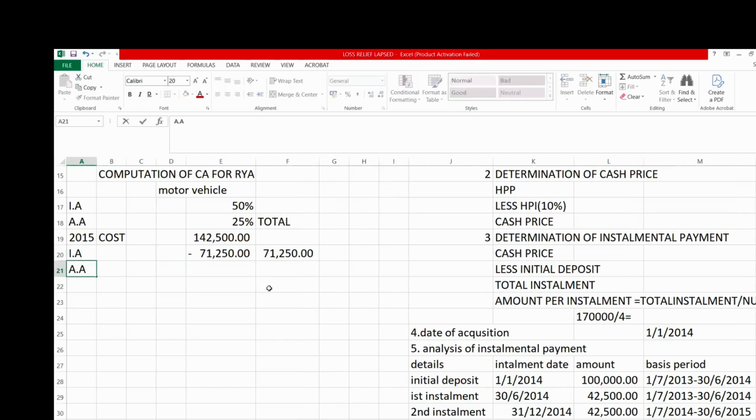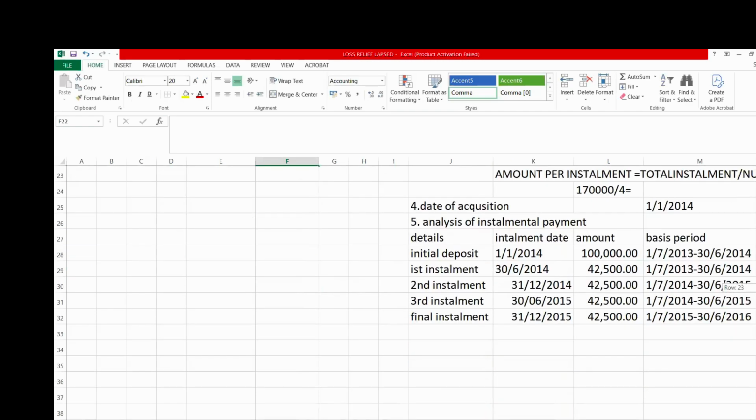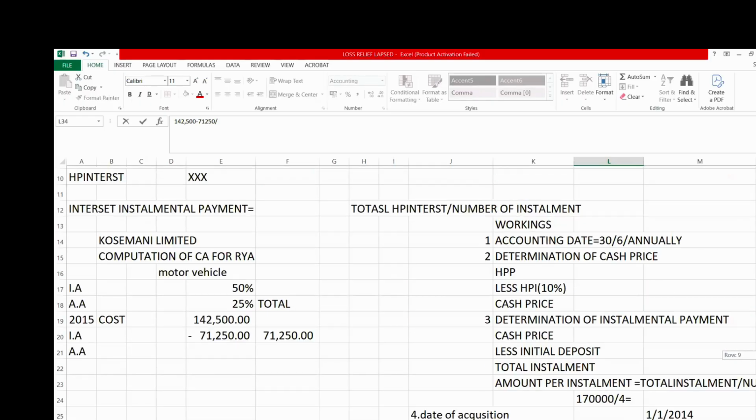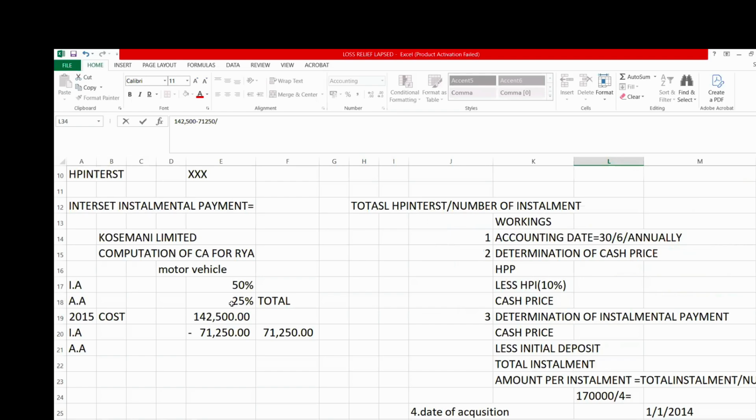Then we also calculate the annual allowance. The annual allowance in the first year is calculated as cost minus initial allowance, over N. So this will be 142,500 minus 71,250, divided by the number of years. How many years are we going to claim capital allowance for this asset?